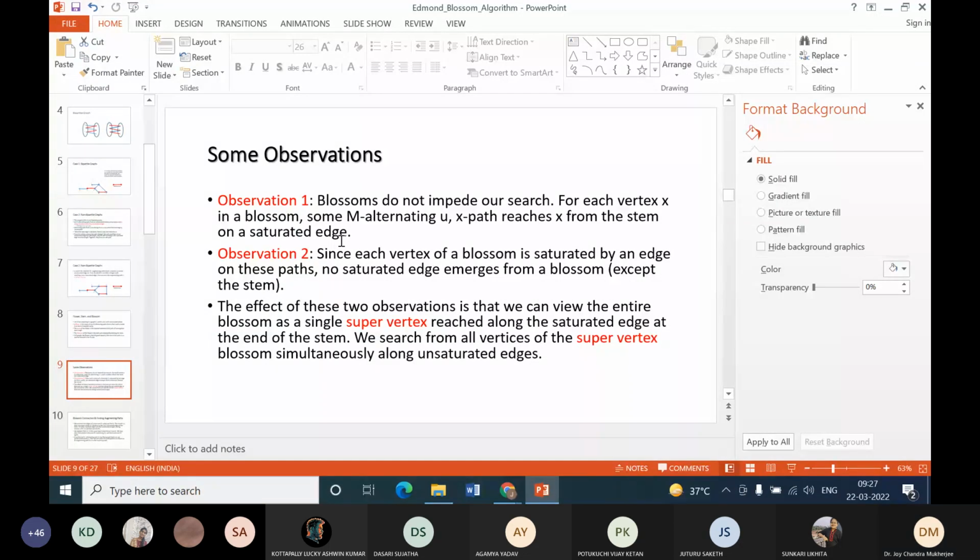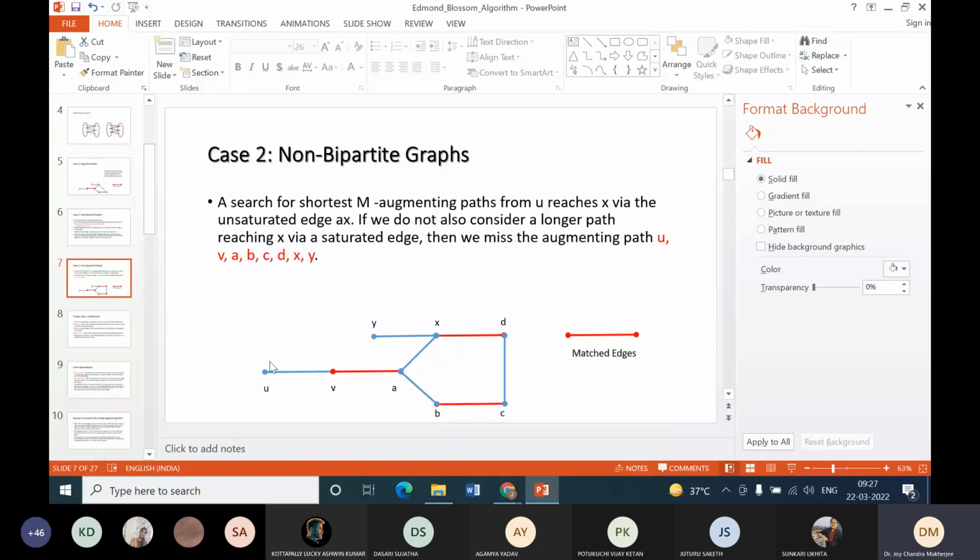So the first observation says that suppose you start a search from an unsaturated vertex, you go by an unsaturated edge followed by a saturated edge, and you go into the blossom, that is the odd cycle.